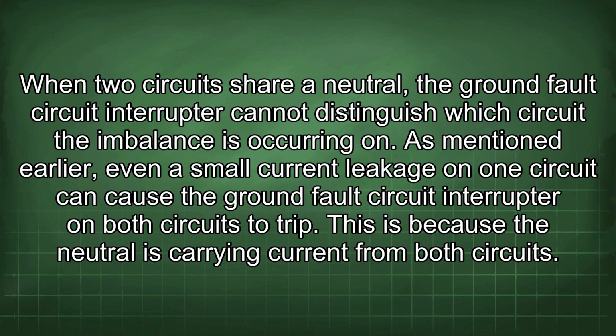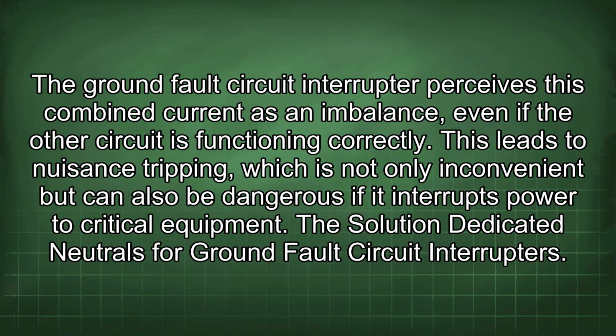This is because the neutral is carrying current from both circuits. The ground fault circuit interrupter perceives this combined current as an imbalance, even if the other circuit is functioning correctly. This leads to nuisance tripping, which is not only inconvenient but can also be dangerous if it interrupts power to critical equipment. The solution: dedicated neutrals for ground fault circuit interrupters.